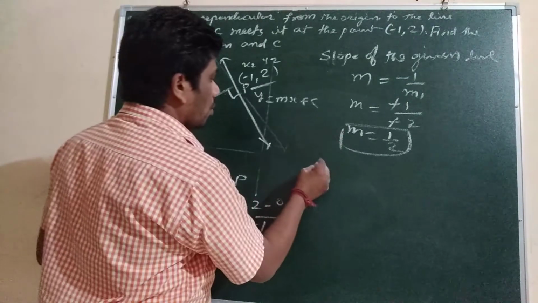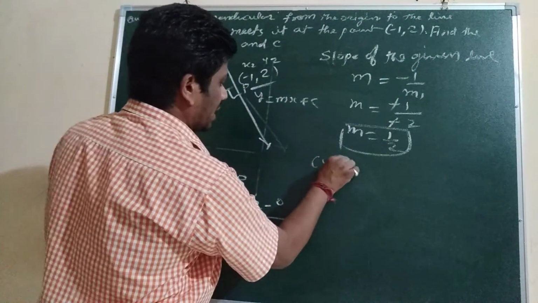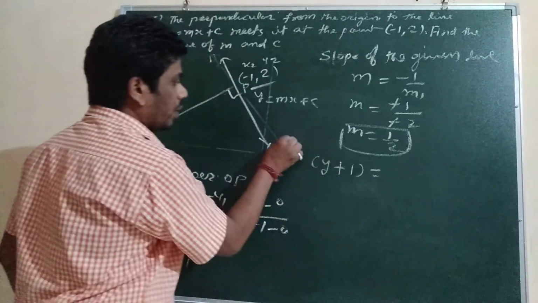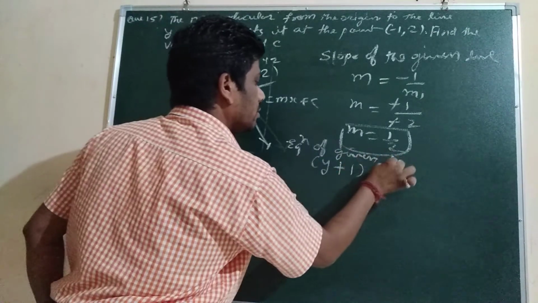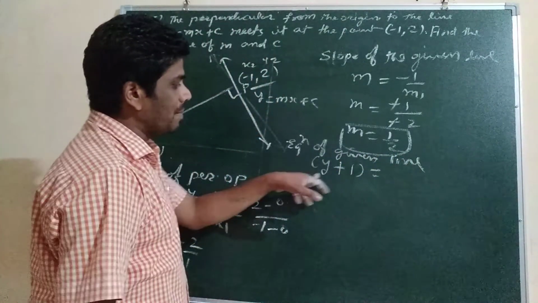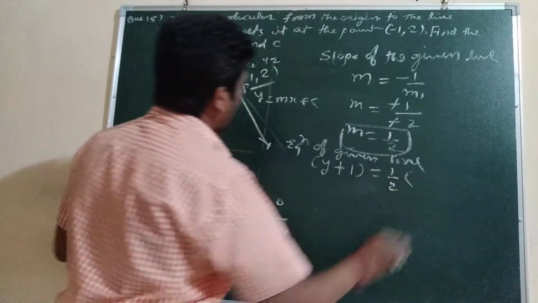Okay, so the equation of the given line: y minus y1 equal to m into x minus x1.